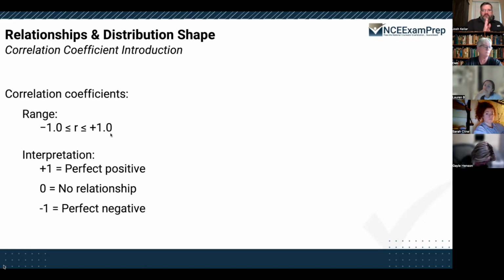Zero, being right in the middle, means that there's no relationship. Okay, how we arrive at correlation coefficients, we'll talk very briefly here in a minute. But we just need to know that that coefficient, that number that tells you how strong the relationship is, is never going to fall outside of between -1 and +1.